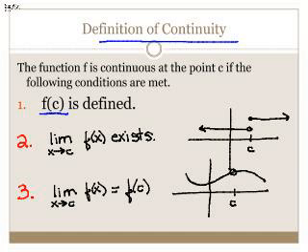In order for it to be continuous, the limit at that point would have to equal the value of the function. But let's say the value of the function is this number right here. We can see that that value is not the same as the limit. So this would be an example of how condition 3 would not be met.